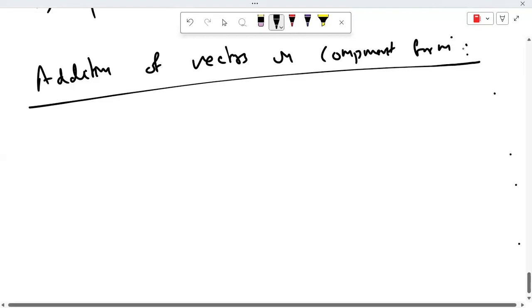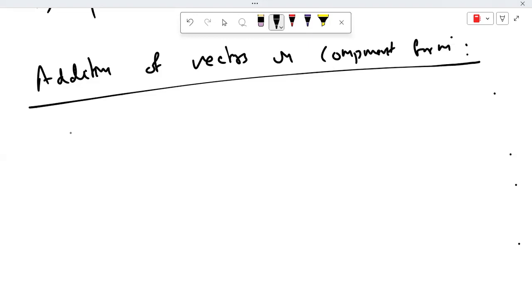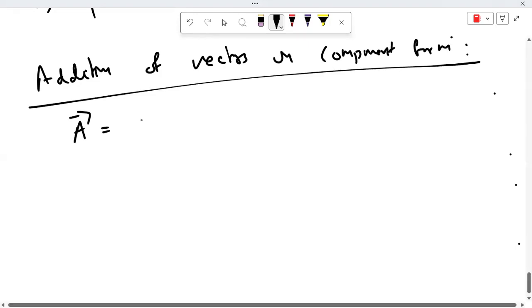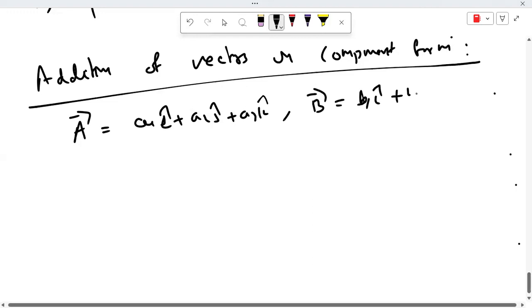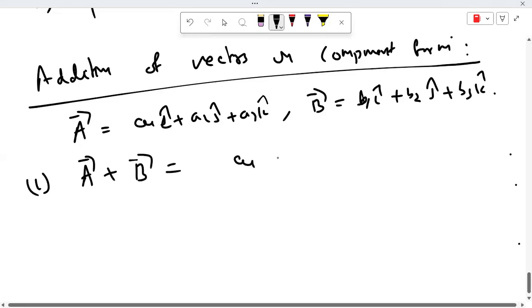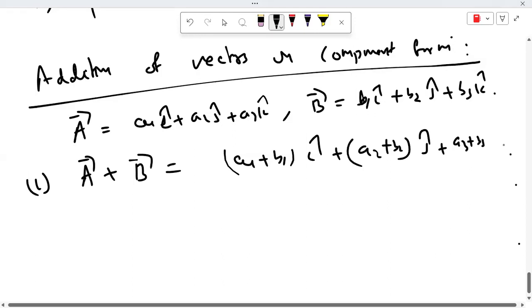Addition of vectors in component form. If we have two vectors, A, which is A1 I cap plus A2 j cap plus A3 k cap, and B vector, which is B1 I cap plus B2 j cap plus B3 k cap, then A vector plus B vector would be simply (A1 plus B1) I cap plus (A2 plus B2) j cap plus (A3 plus B3) k cap.